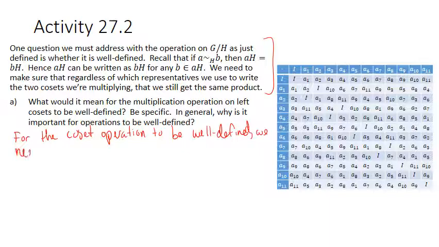we need the following. No matter what representative we choose to represent each coset, we still get the same product. That means the following. For all X in the coset AH, and for all Y in the other coset BH, when I multiply these two cosets together, I get the same product no matter which element I use to represent them.